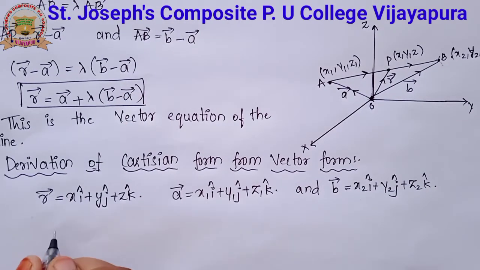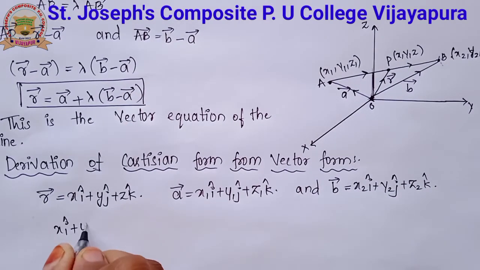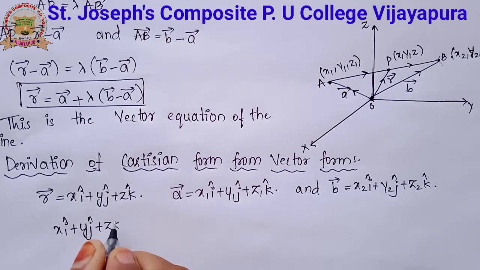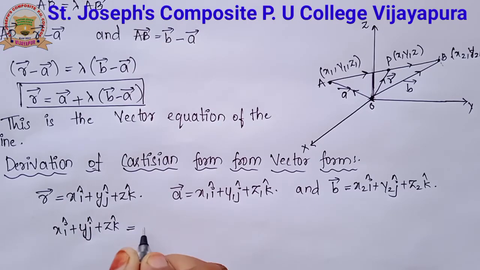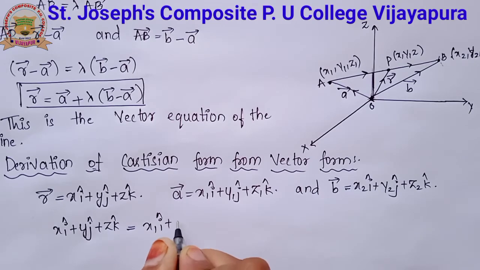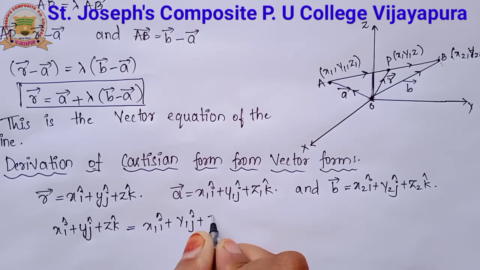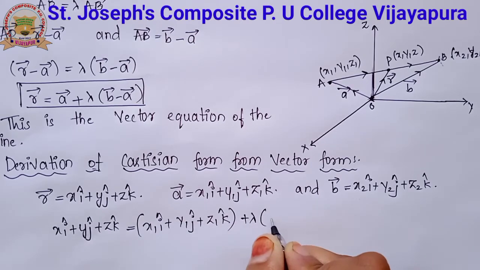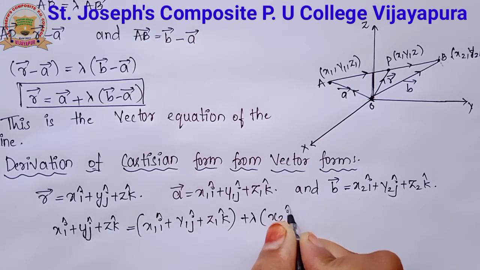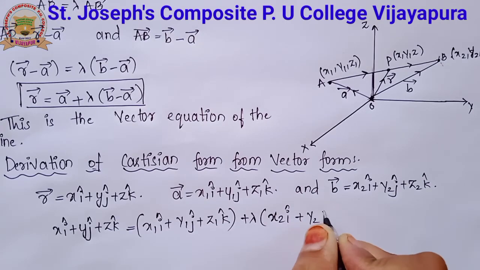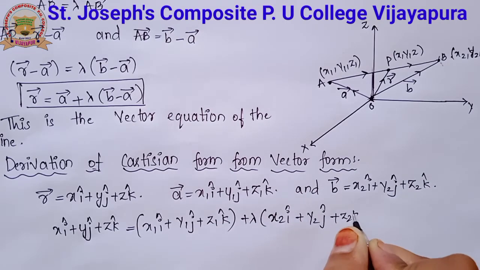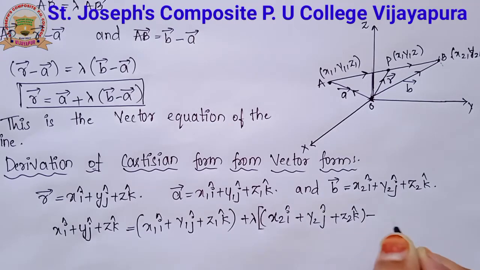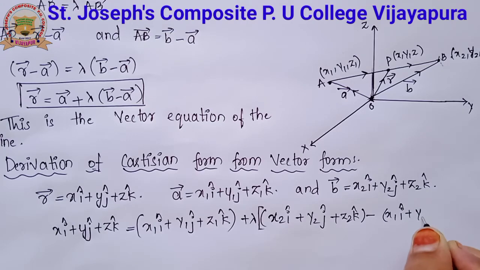Now substitute these position vectors in this equation. We get xi plus yj plus zk equals x1 i vector plus y1 j vector plus z1 k vector plus lambda times x2 i vector plus y2 j vector plus z2 k vector minus, here A vector is this, x1 i vector plus y1 j vector plus z1 k vector.